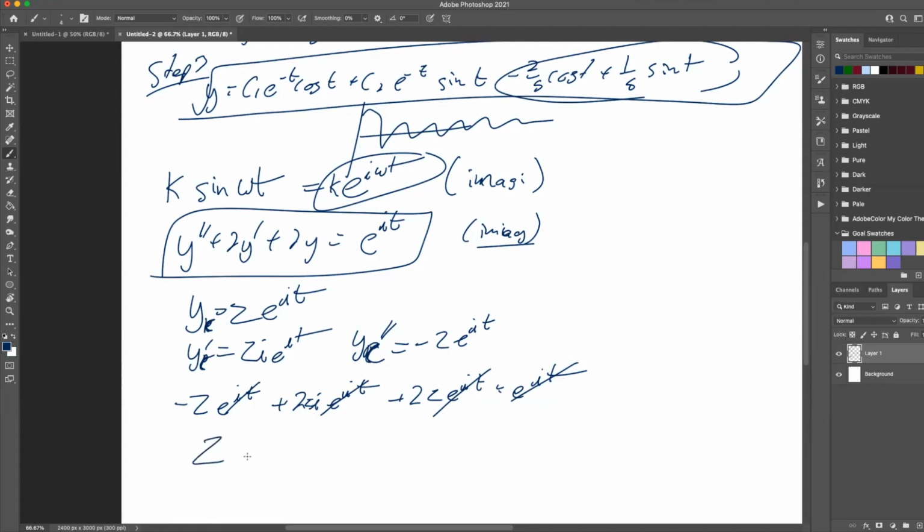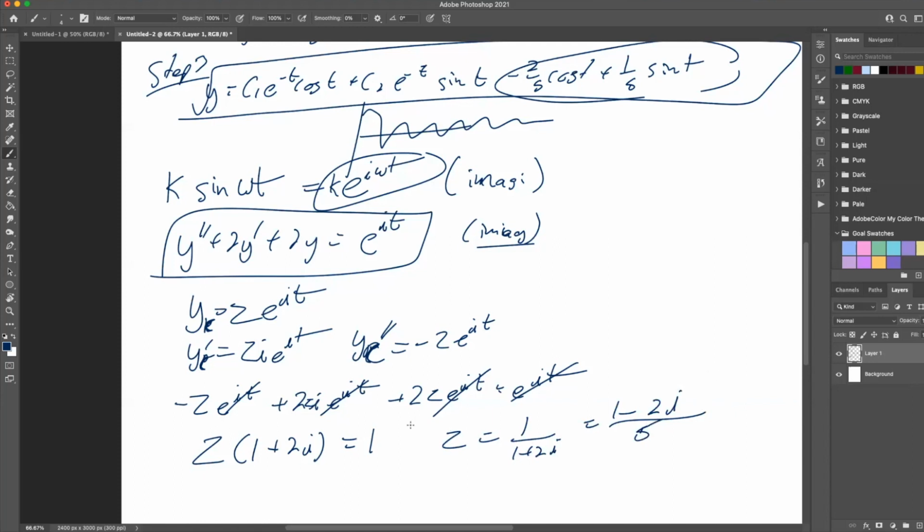So what does this end up being? z times (2 minus 1 plus 2i) is equal to 1. So z equals 1 over 1 plus 2i, or if I rewrite it another way, I get 1 minus 2i over 5.